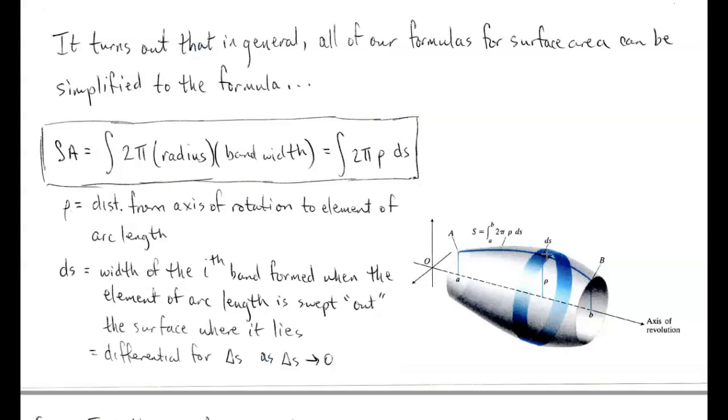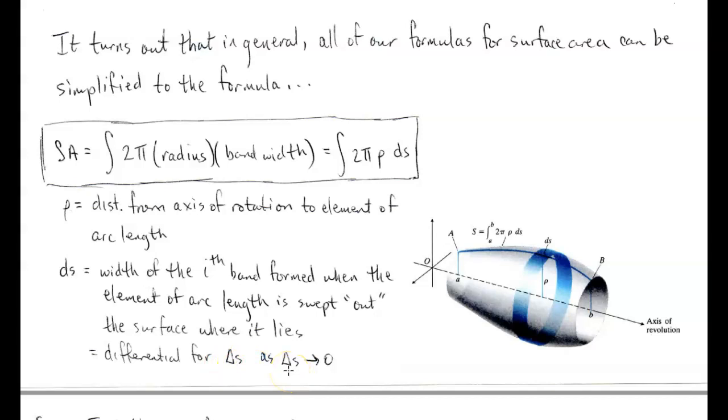So what you're saying is that it is an infinitesimally small change in this s value, okay? And so we define it here as the width of the ith band formed when the element of the arc length is swept out of the surface where it lies, differential for a change in s.